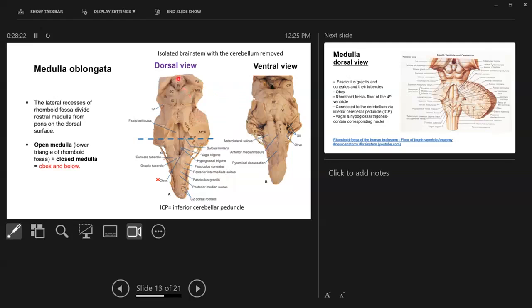Once again, looking at our dorsal view in an isolated brainstem, we start our medulla here from the lateral recesses of the rhomboid fossa. That would be over here.